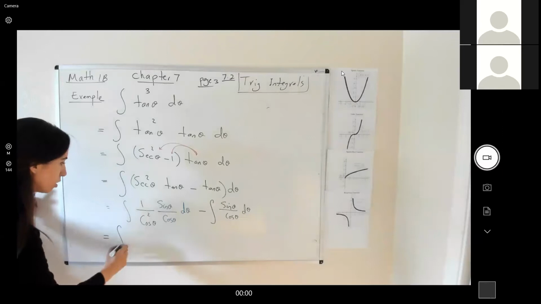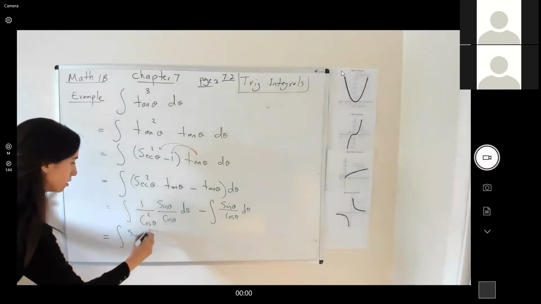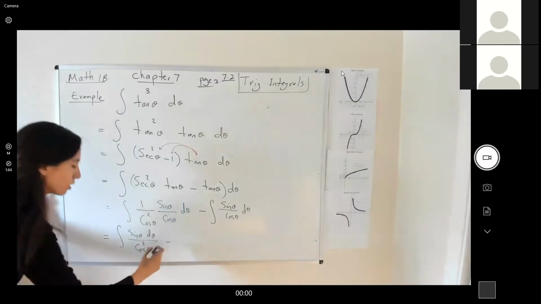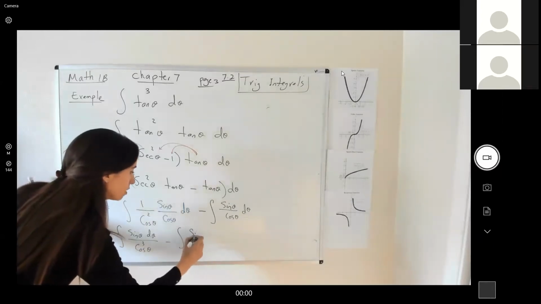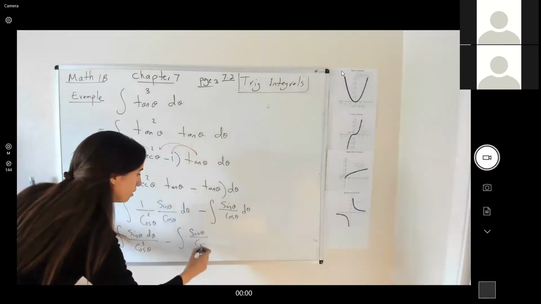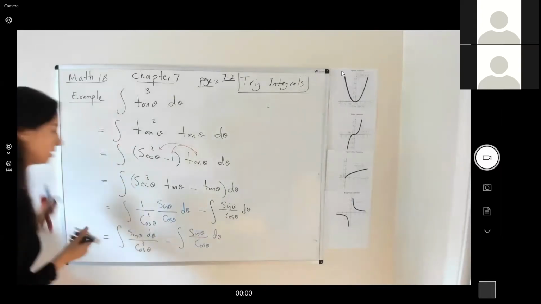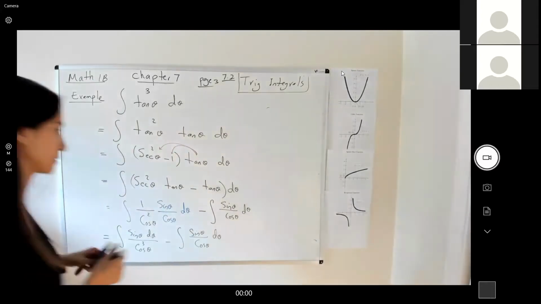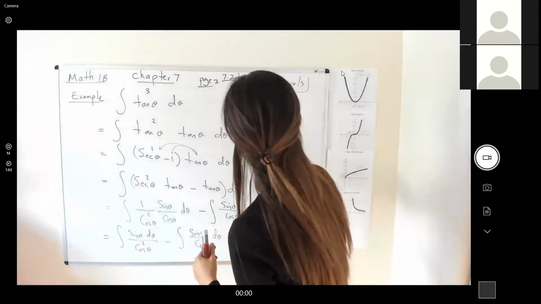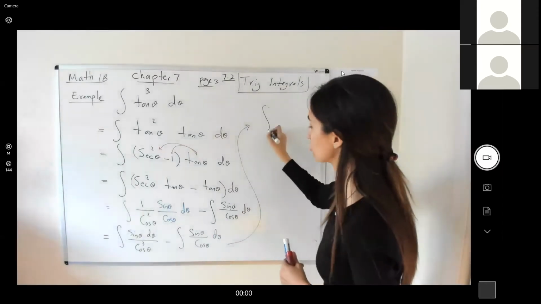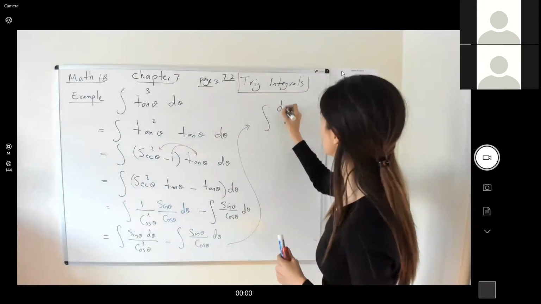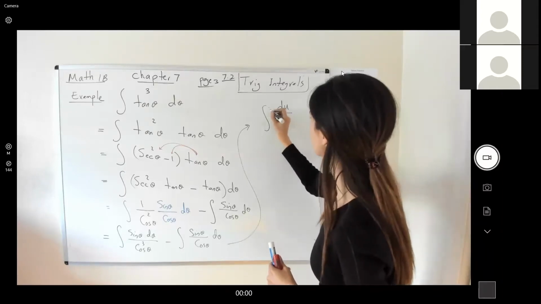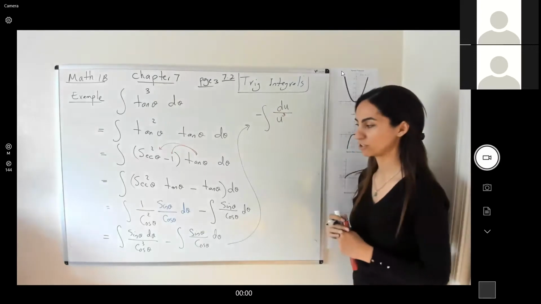You get the integral of sine theta d theta over cosine to the third theta minus the integral of sine theta over cosine theta d theta. The first integral, let me write it here for you. The first integral is the integral of du over u to the third with a negative sign in front of it.